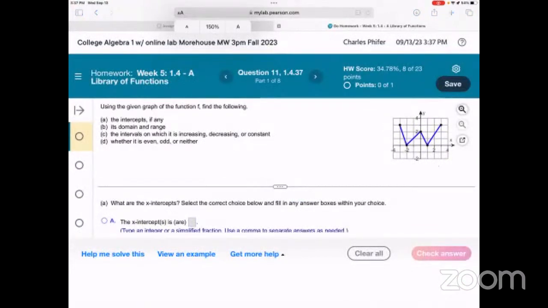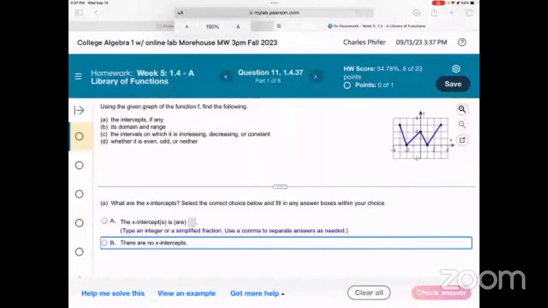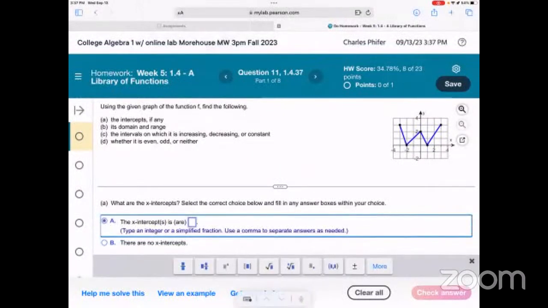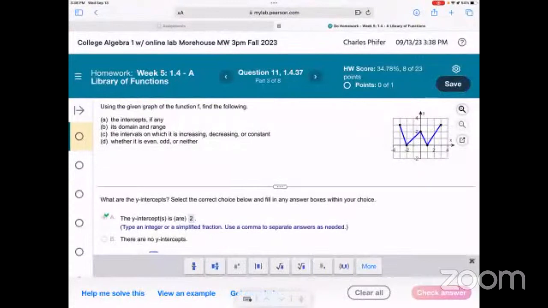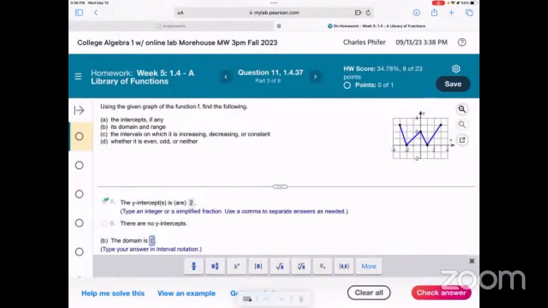The y-intercept, it crosses once at 2. The domain is the very left to the very right. So the far left looks like it's negative 3. The far right is positive 3. And it includes those endpoints, so we're going to use square brackets. Negative 3 to 3, square bracket.